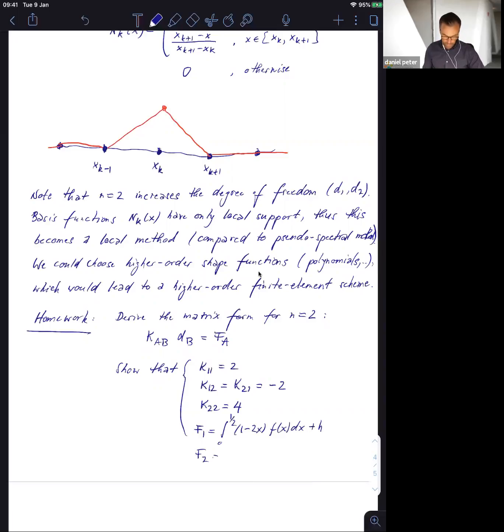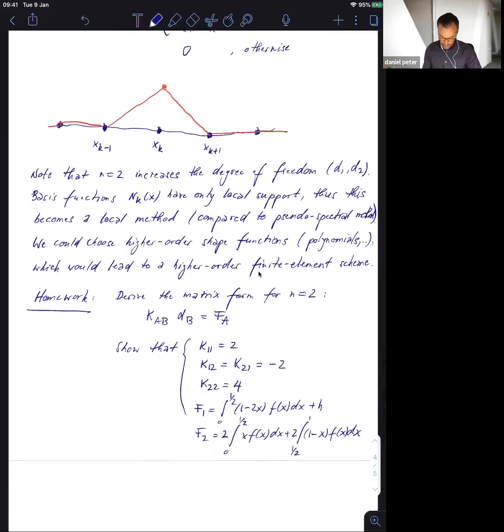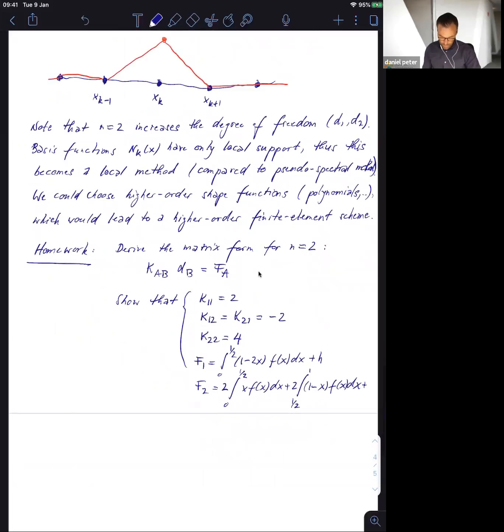And F2 becomes a bit longer expression, goes from 0 to 1/2 of x times f of x dx plus 2 now from 1/2 to 1 of 1 minus x times f of x dx plus 2q.